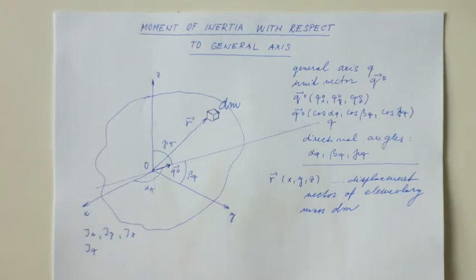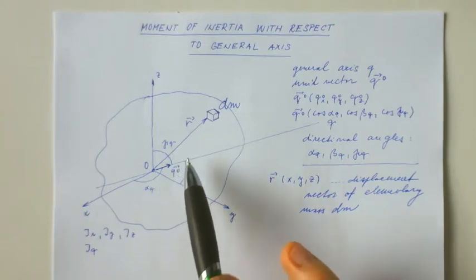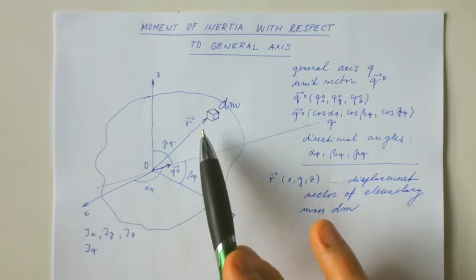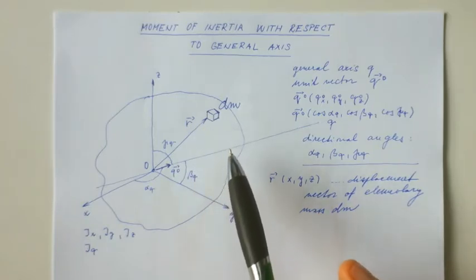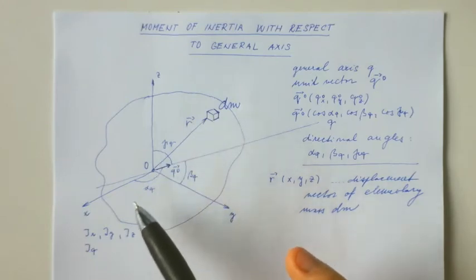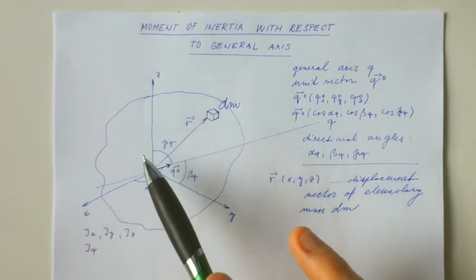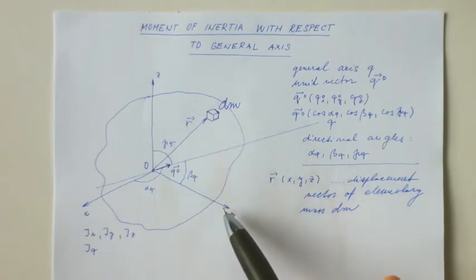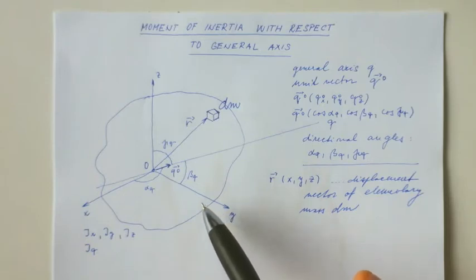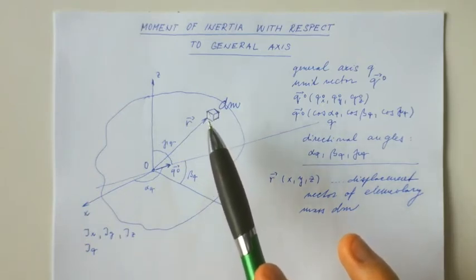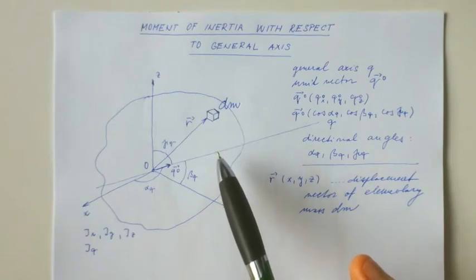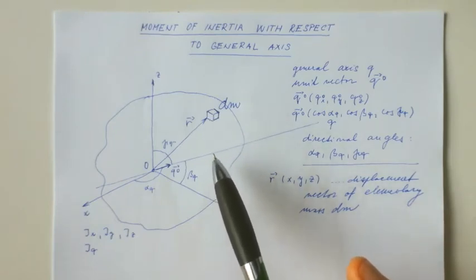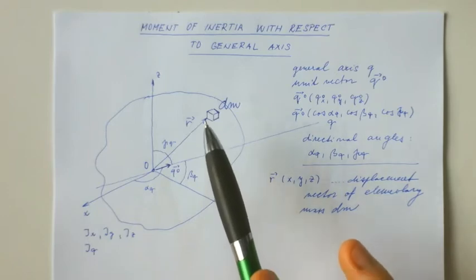And as we know, in other cases, when we calculated the arm on which the elementary mass is rotating about, for example the x, y or z axis, it was always perpendicular to that axis. So now we must find an arm, or lever, perpendicular to the q-axis, pointing to the mass.